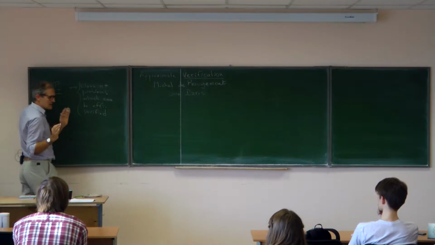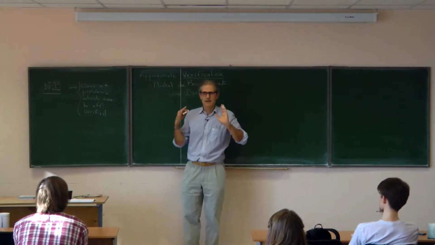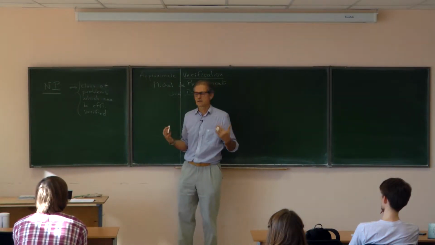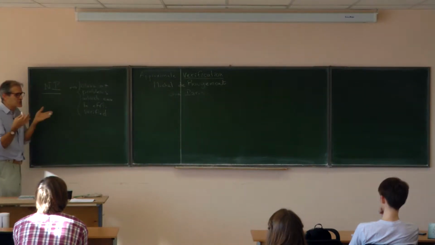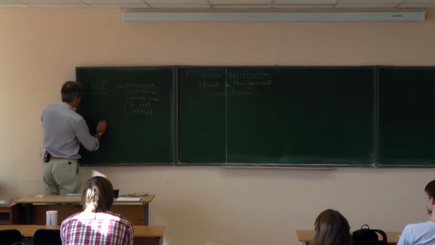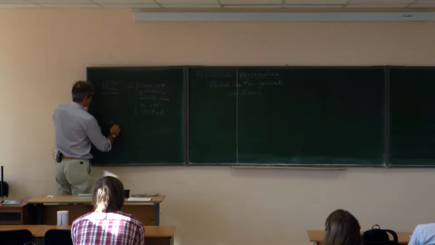Typically, when I say a problem, what is it? You're given some finite object, typically a finite graph, for example, or finite word, or finite tree. So what is a finite graph for us? Usually I write it with an index for the size of the graph.